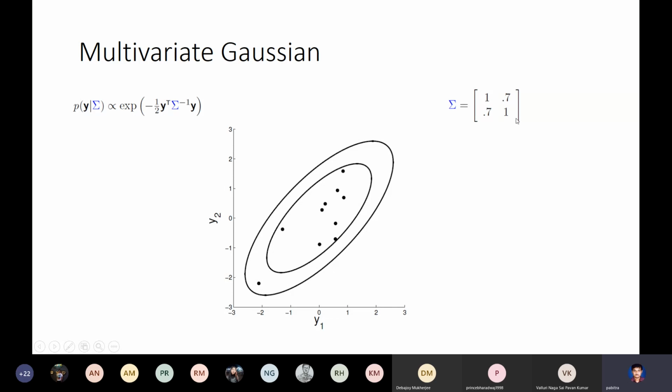If this is high, say 0.95, this would look more like an elongated ellipse, more like a straight line with some fudge around it. Whereas if this is close to 0 or say 0.1, the ellipse would be more like a circle. There will be almost no correlation between y1 and y2.